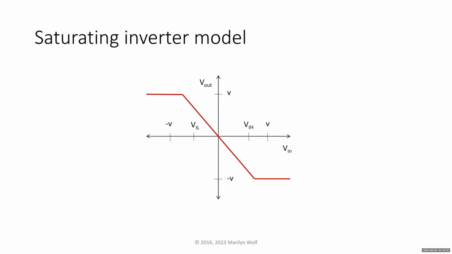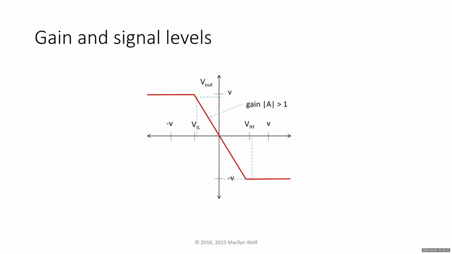We know that gates are not quite that easy to deal with, but this model helps us understand the basic principles. So the slope there is the gain. Logic gates are amplifiers, and so the gain is the ratio between the output voltage and the input voltage.